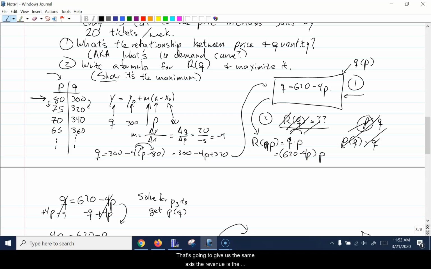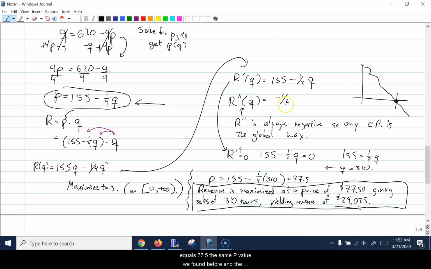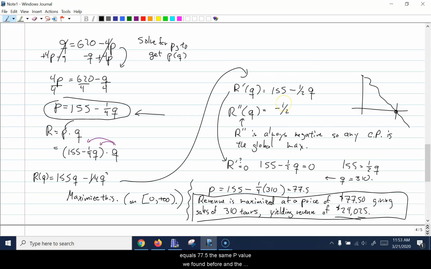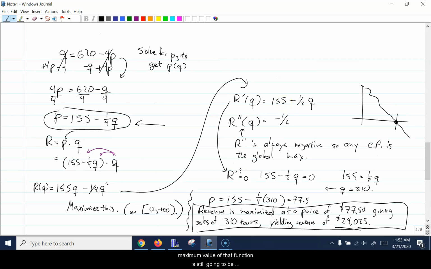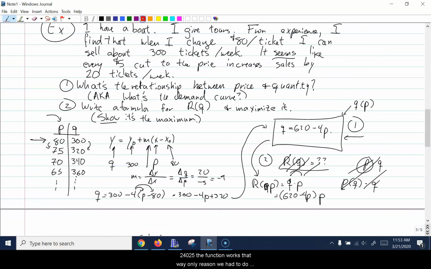That's going to give us the same maximum. Like, the revenue is the same thing of a different input. The maximum it's going to give us is at p equals 77.5, the same p-value we found before, and the maximum value of that function is still going to be 24,025. So the function works that way. The only reason we had to do it the other way is they told us, hey, find R as a function of q. So we had to get the other thing written down, even if we solved the problem from this version.